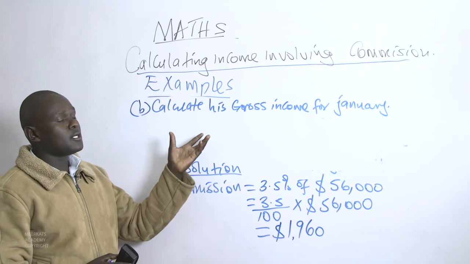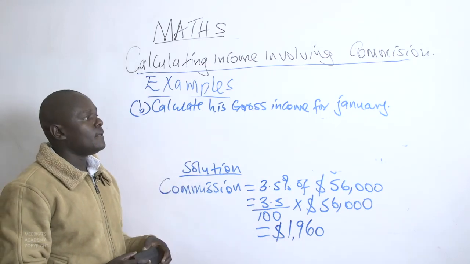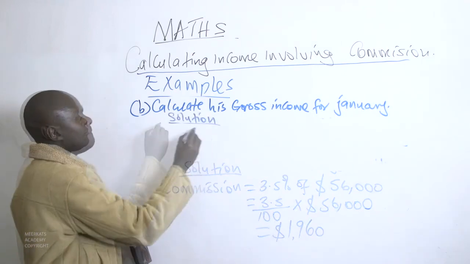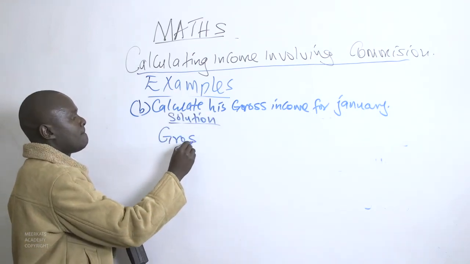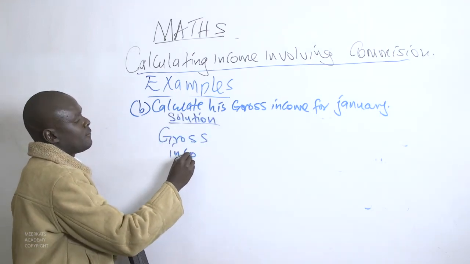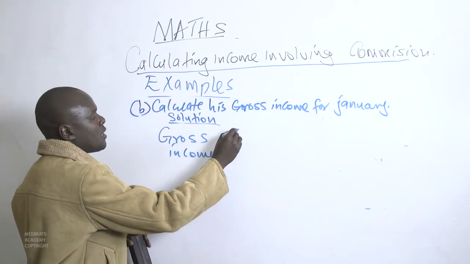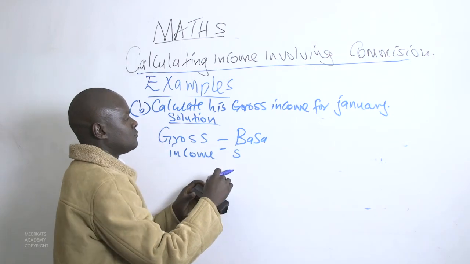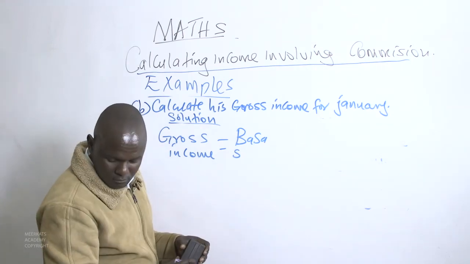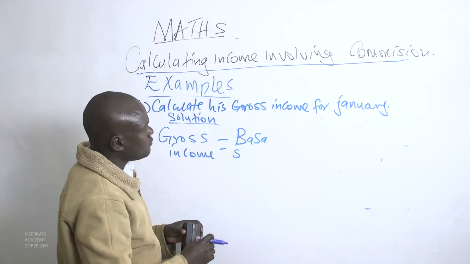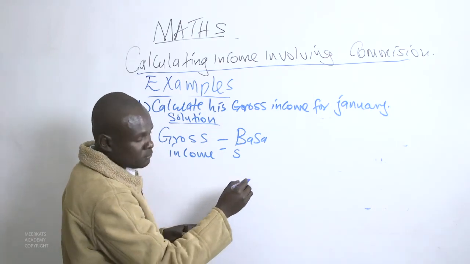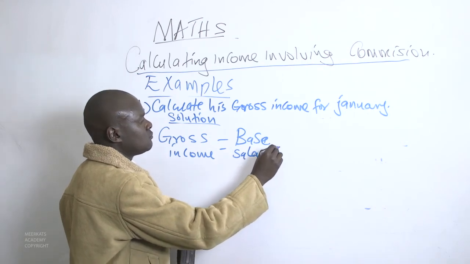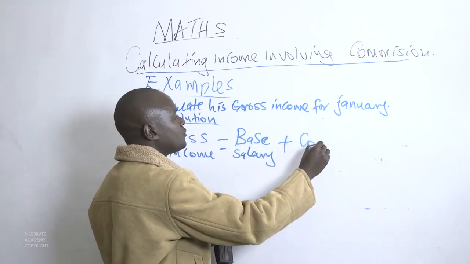And this gross income basically will entail the base salary plus the commission. Gross income is the sum of the base salary and the commission.